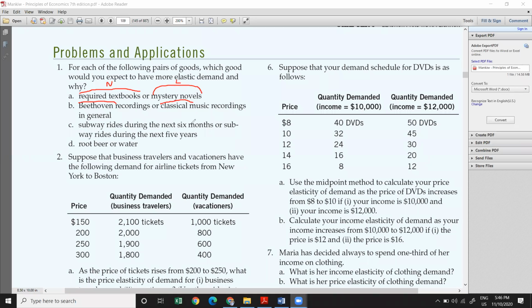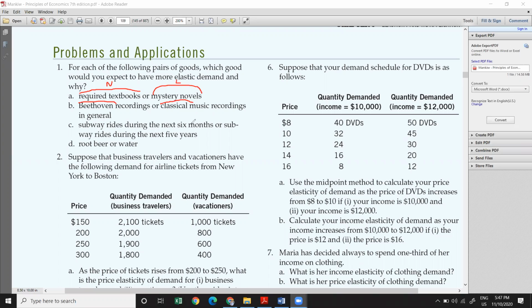Now we're coming to root beer and water. Root beer has more elastic demand than water because root beer is considered a luxury product with a close substitute, while water is a necessity product with no close substitute.